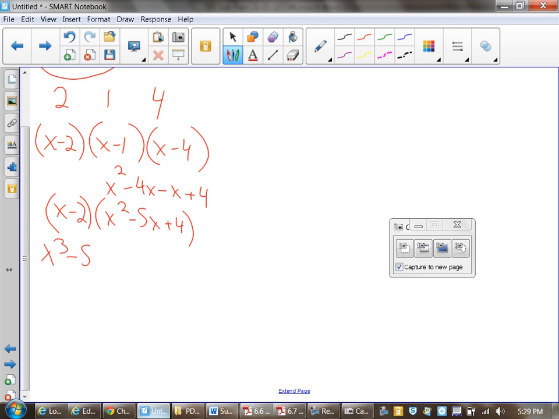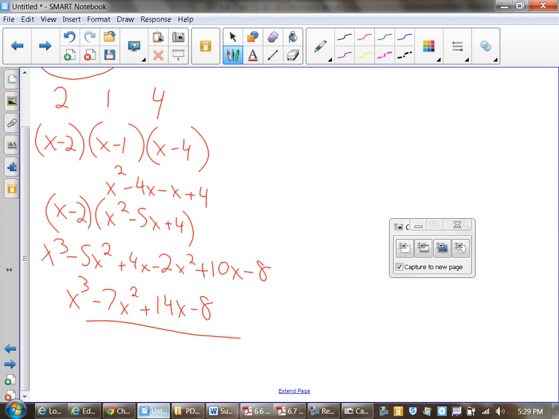X cubed minus 5x squared plus 4x minus 2x squared plus 10x and minus 8. Combine your like terms, x cubed minus 7x squared plus 14x and minus 8, and there's your polynomial.